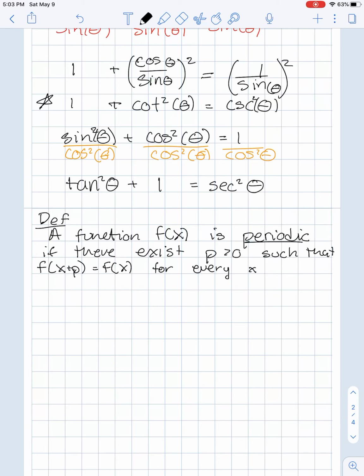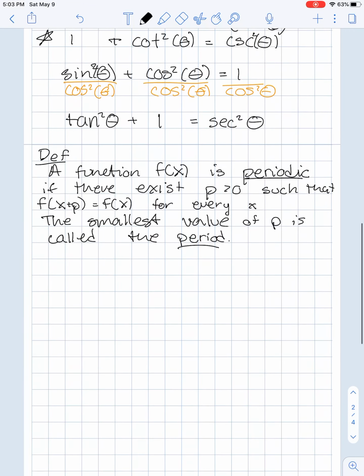That seems weird. I'll show you a picture in 1 second. So the smallest value of p is called the period.